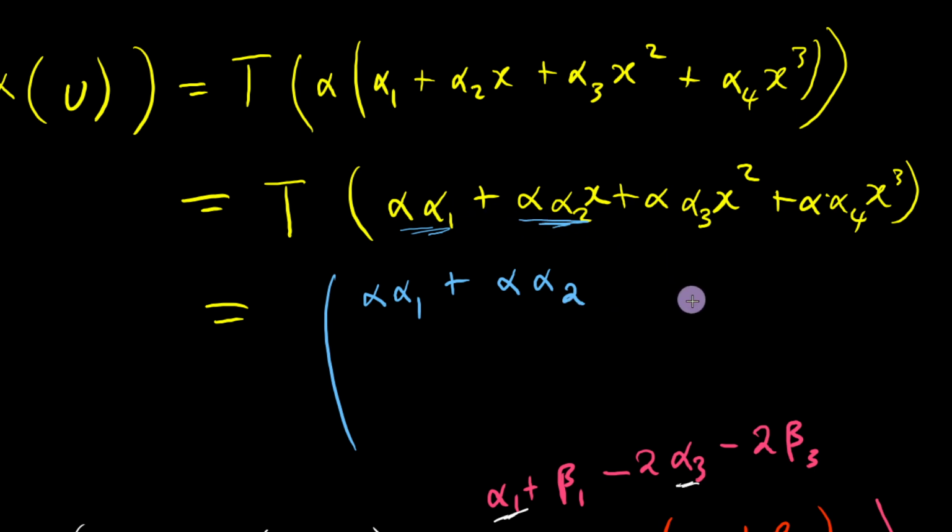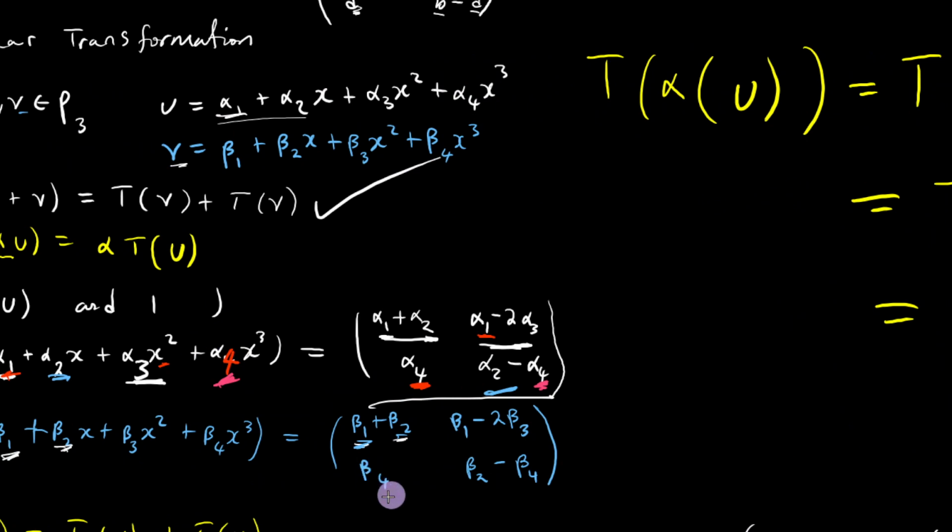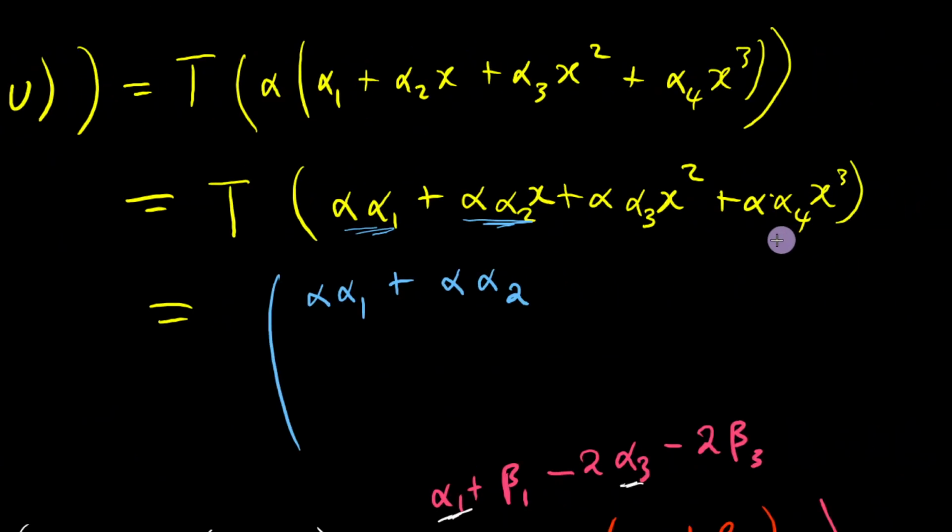Okay, then we look for the other entry here. So down here it should be b4, and b4 is basically the coefficient of x to the power 3. So in this case the coefficient of x to the power 3 is alpha 4.